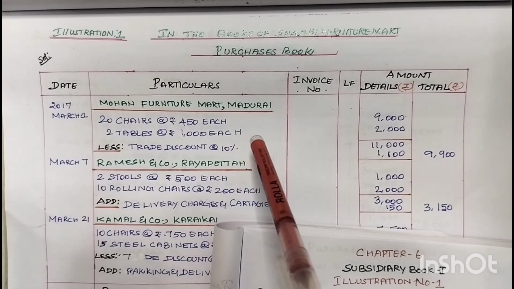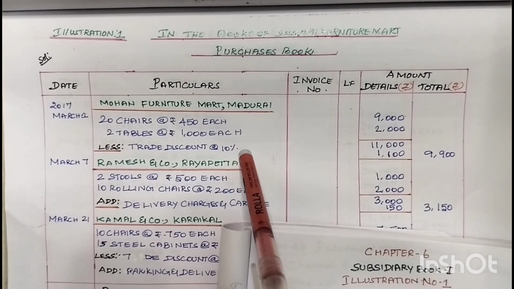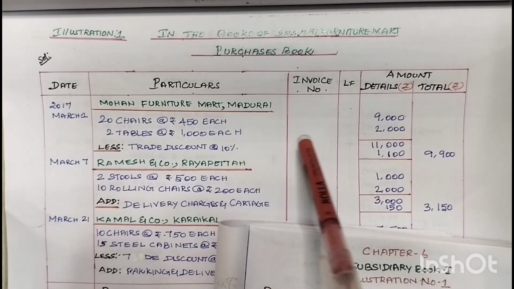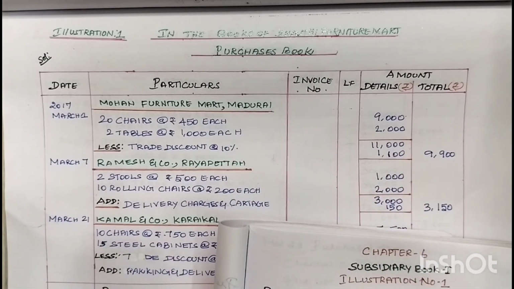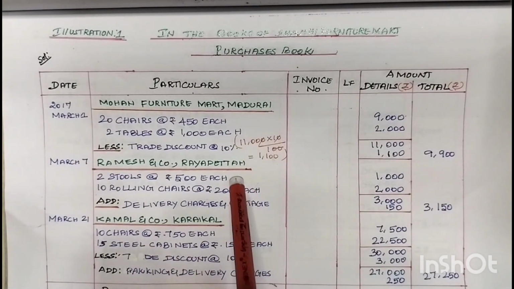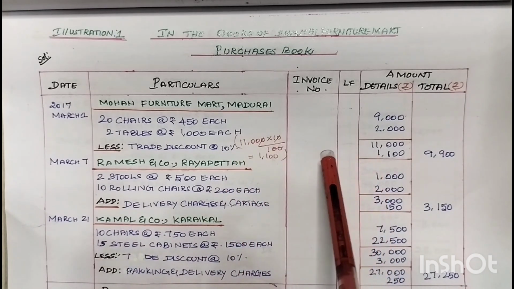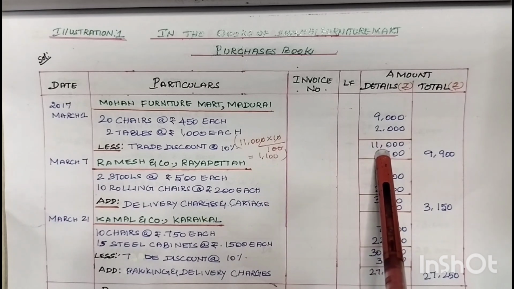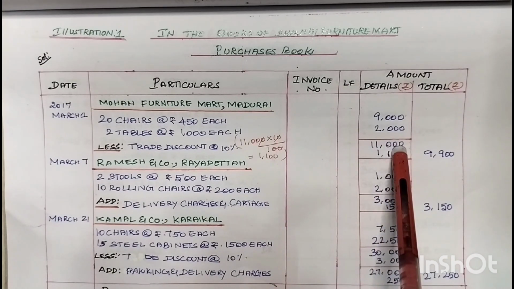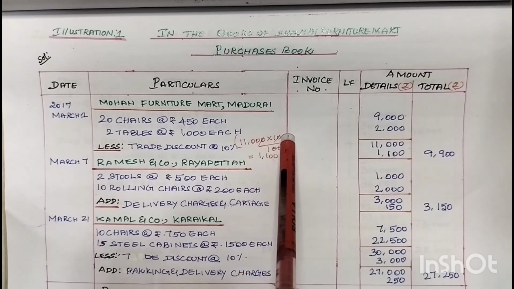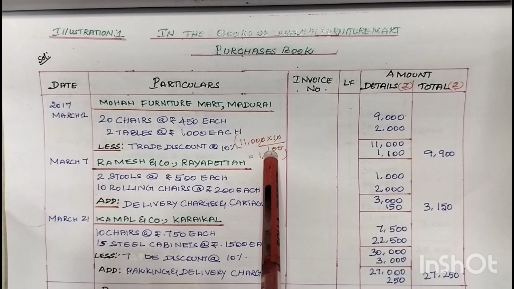Then you have the trade discount 10% from the total. So you have to calculate the trade discount. How do you calculate? You have to take 10% discount with the 11,000 total. So you take the 11,000 into 10% discount, that means 10 by 100.